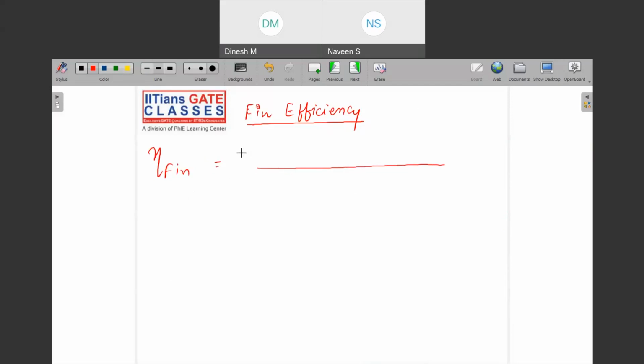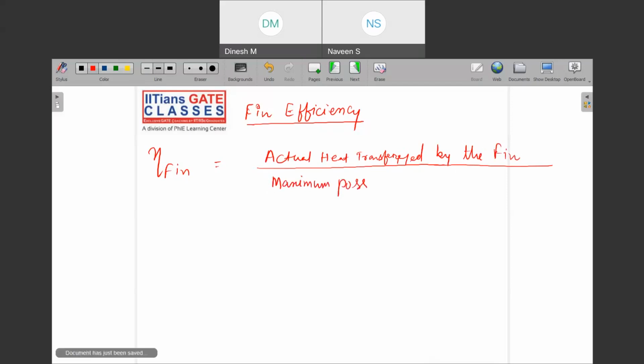the actual heat transferred by the fin, and the maximum possible heat transfer.